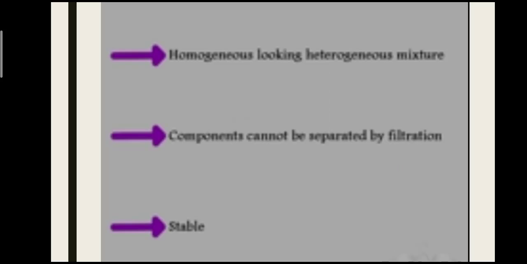Now, what kind of solution do you think milk is? Milk looks homogeneous because as we look at it, it looks the same throughout. It has a uniform composition, but if you take some of this milk and observe it under a microscope, you will see that it has varying composition throughout.